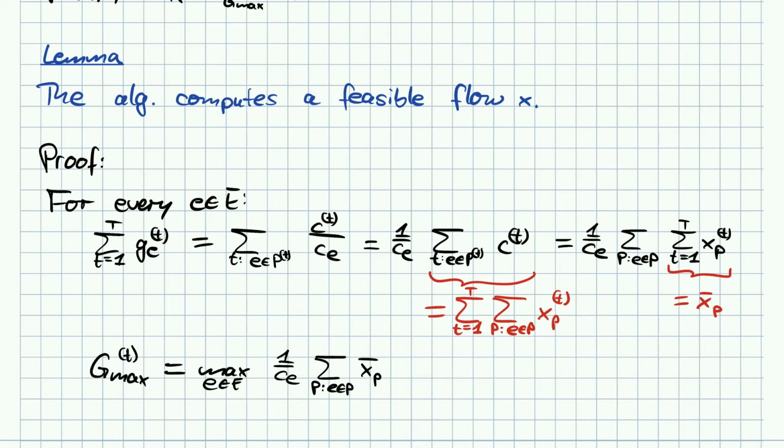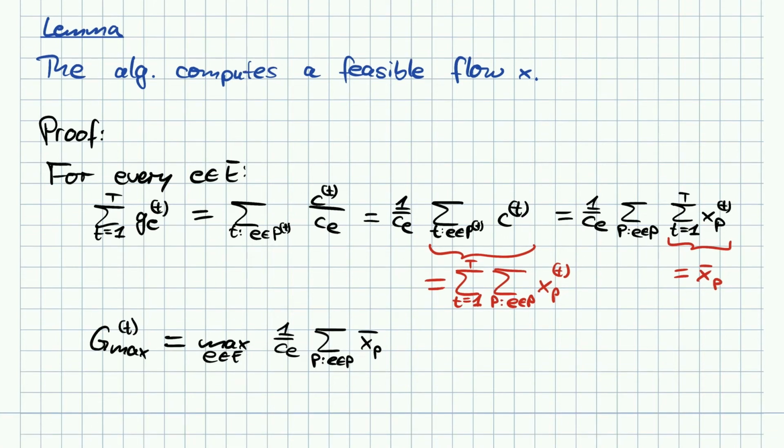This tells us that if we now divide x bar p by g max, then the sum over the paths which include e is exactly what we defined as 1 over g max times the x bar p.